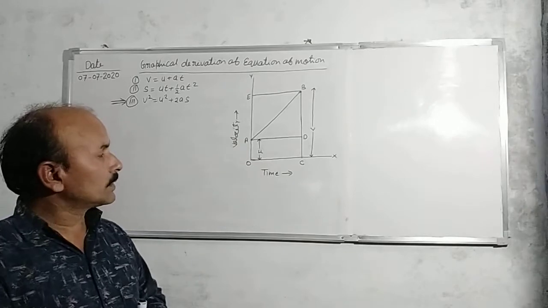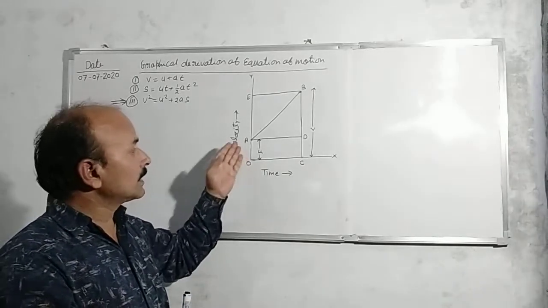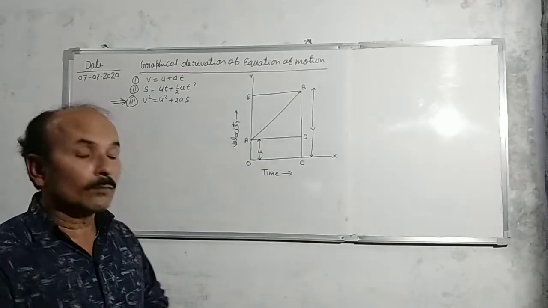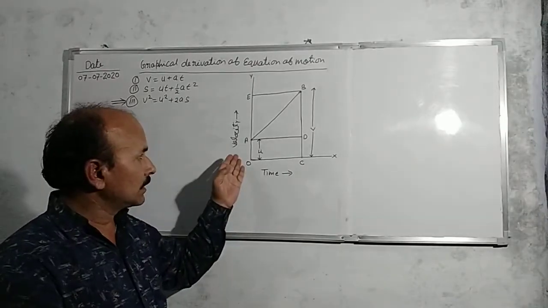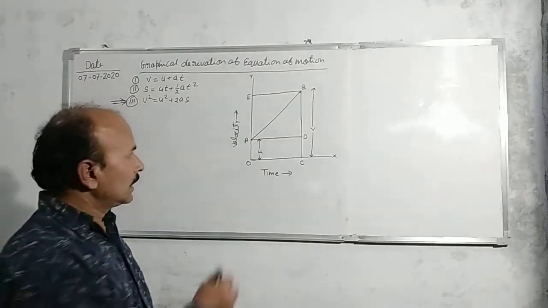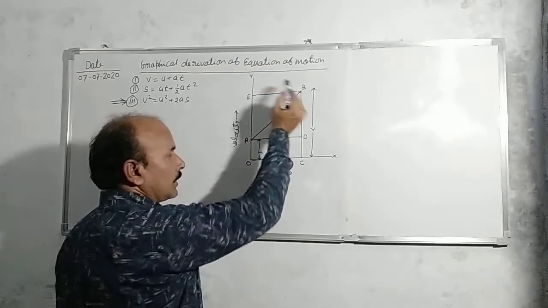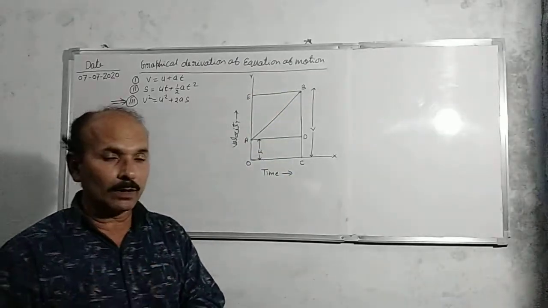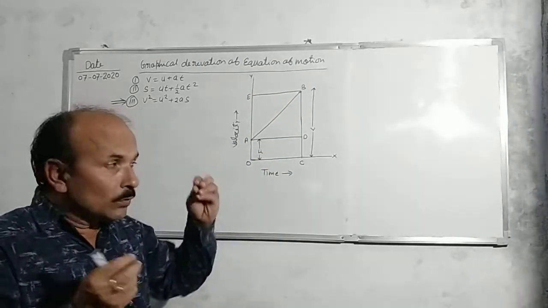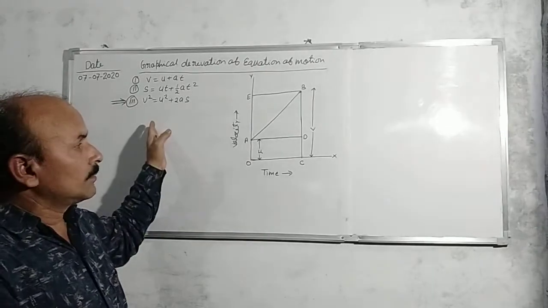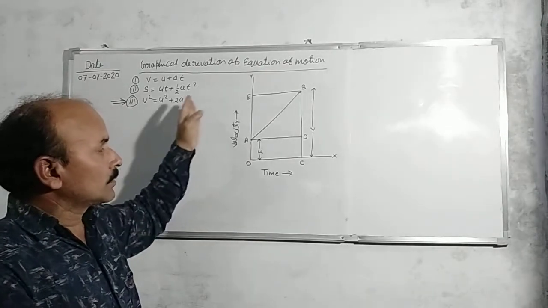So if any object is moving with initial velocity u with a uniform acceleration a, and after time t it reaches from A to B. Listen carefully. There is no need to learn the statement of the graphical derivation of the equation of motion.